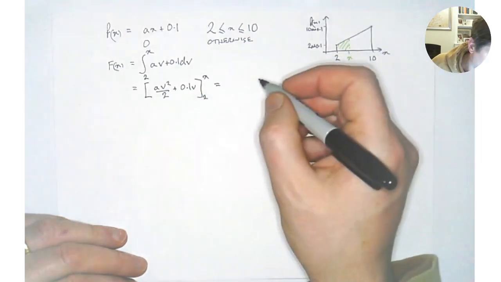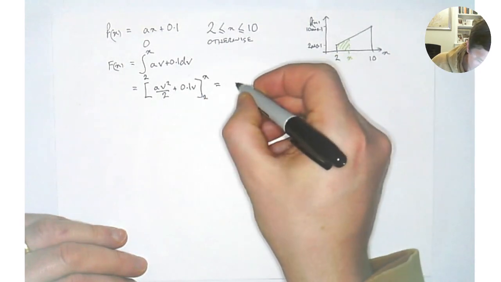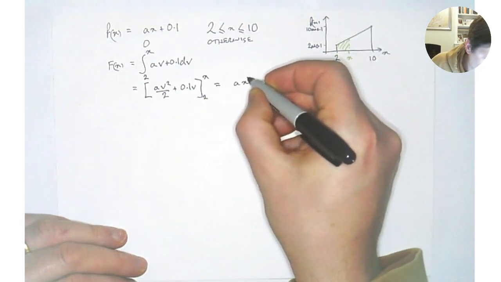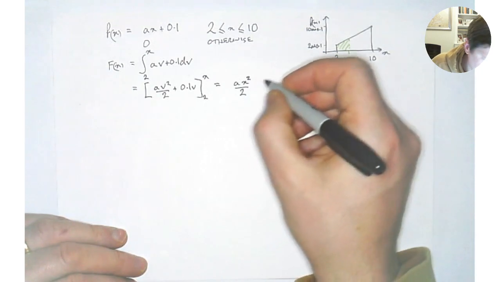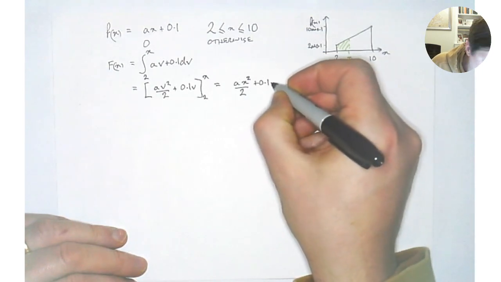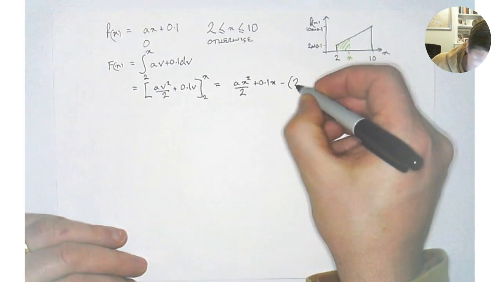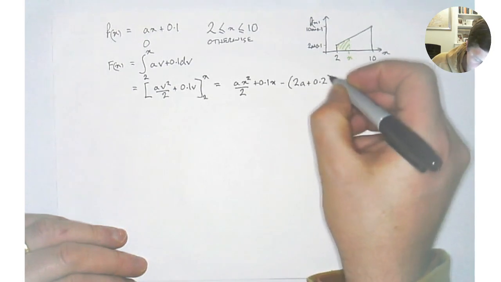And you put your numbers in, and we will get this result: ax squared plus 0.1 x minus 2a plus 0.2.